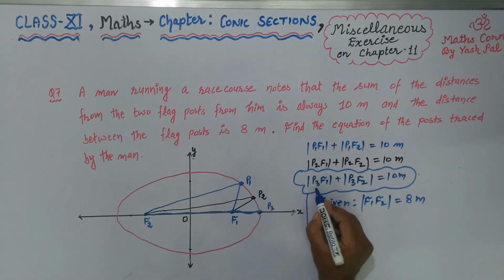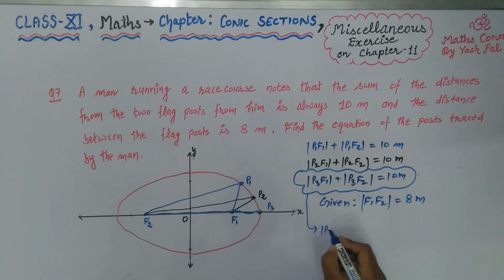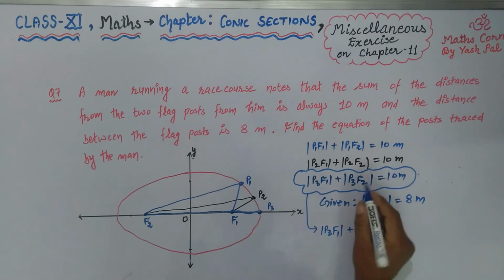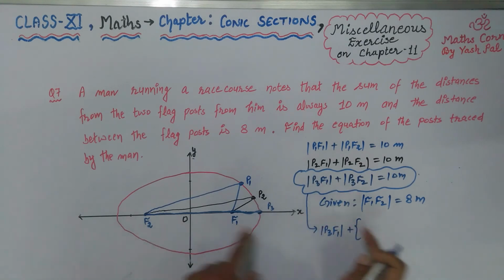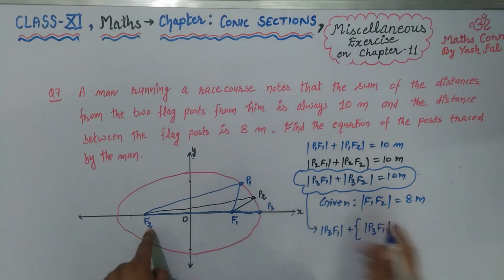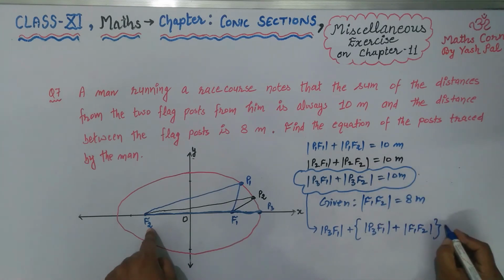How? P3 to F1 plus P3 to F2, where P3 to F2 means P3 to F1 plus F1 to F2, is equal to 10 meters.